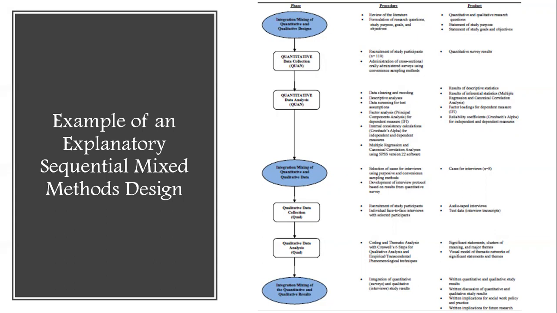And then the last blue circle is once I collected my qualitative data and completed my interviews with my participants, I also integrated the two methods in my write-up of the results. And so I wrote up my quantitative results, and then I used what I found in the qualitative interviews to explain my quantitative findings.